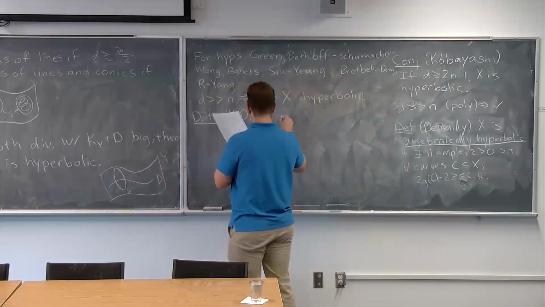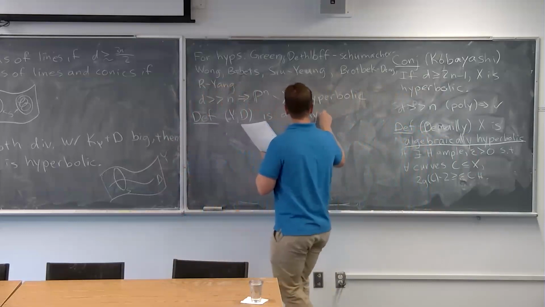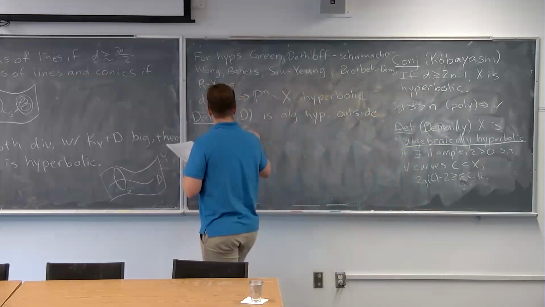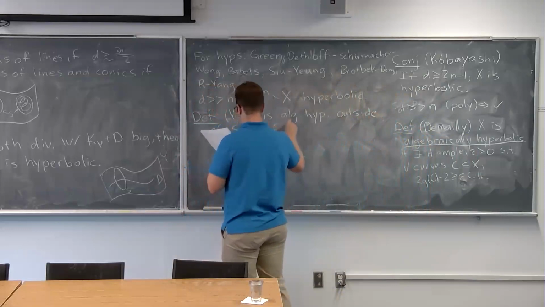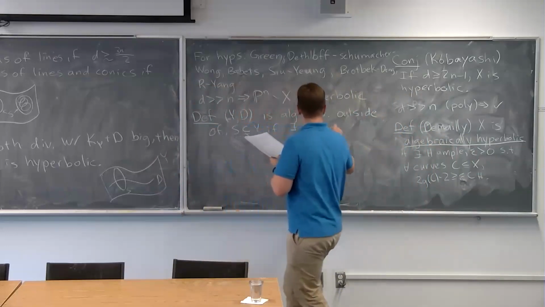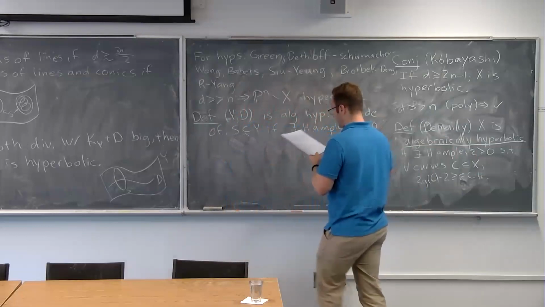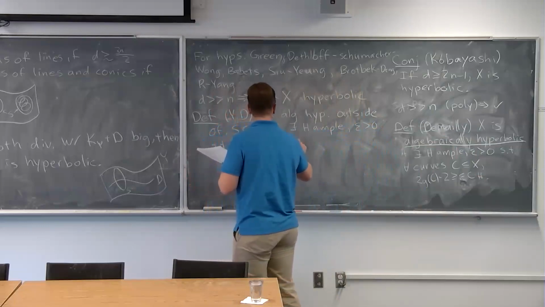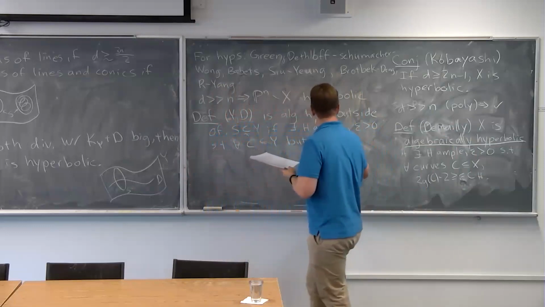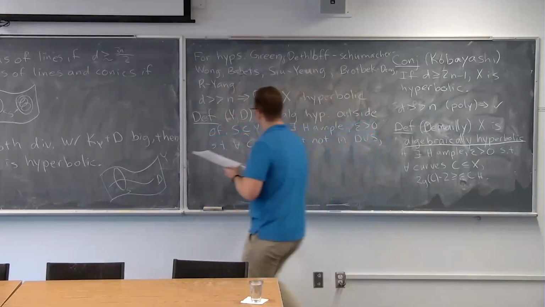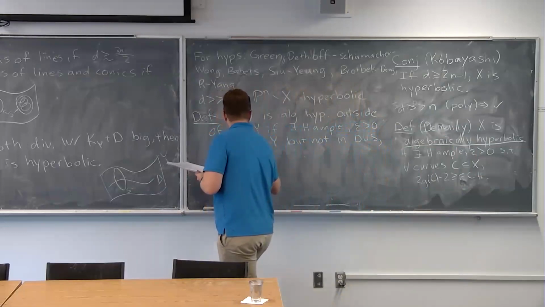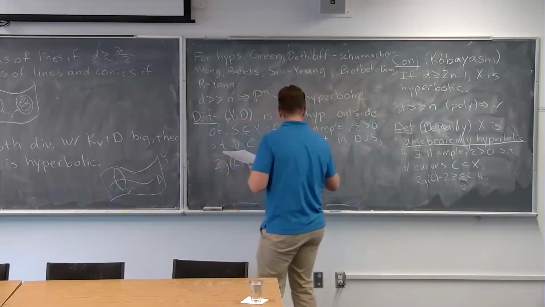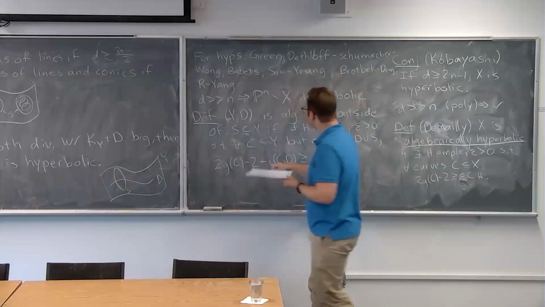So we say that (Y, D) is algebraically hyperbolic outside of some set S in Y if there exists an ample divisor H and epsilon positive such that for all curves C in Y but not totally contained in D union S, we have the inequality, and it's almost the same as before: 2g minus 2 plus i(C, D) is at least epsilon times H dot C. And what is this i(C, D)?